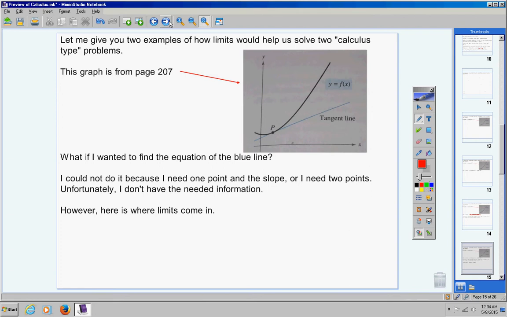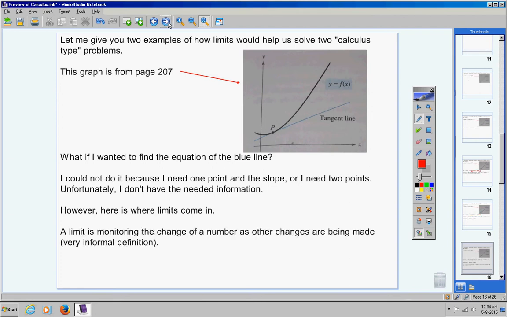However, here is where limits come in. Watch this carefully. A limit, now what is a limit, by the way? A limit is monitoring the change of a number as other changes are being made.